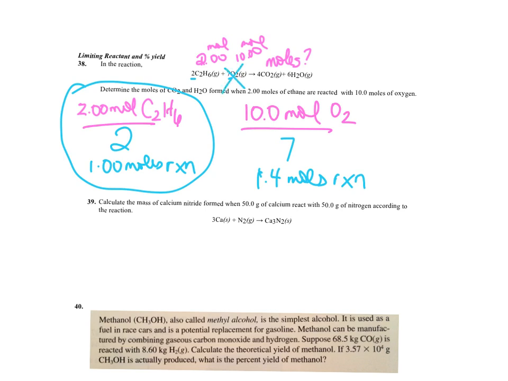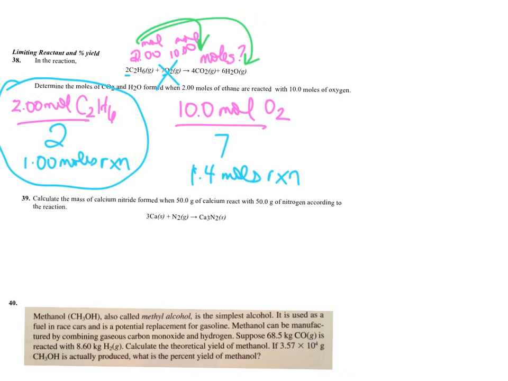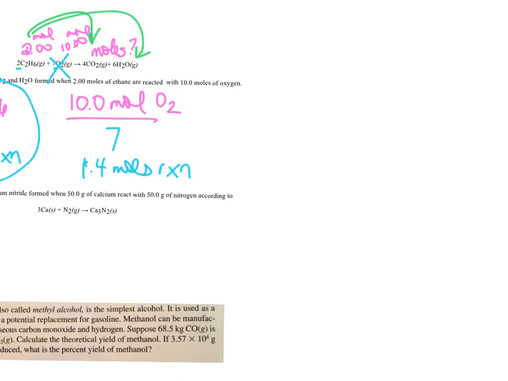So now when we do our stoichiometry, we're going to go from here directly to our products and do 2 separate dimensional analyses. I'm going to start with my moles of C2H6. So I've got 2.00 moles of the C2H6.